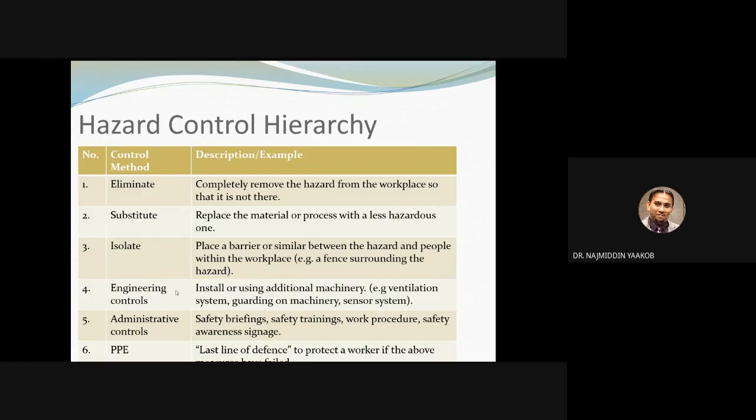Next, the engineering control: install or use additional machinery. The fifth one is the administrative control: safety briefing, safety training, work procedures, safety awareness or signage. And the last one, which is the last line of defense, is to protect workers if the above measures have failed.